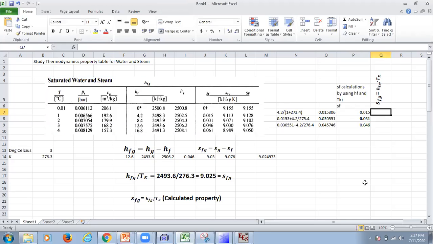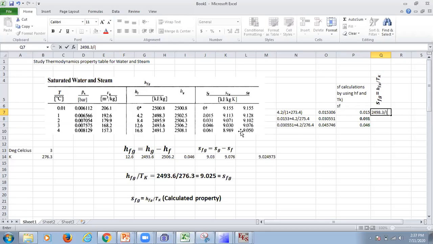SFG value. So now I'm going to calculate. For this SFG as calculated property, this HFG is measurable: 2498.3 divided by the temperature.